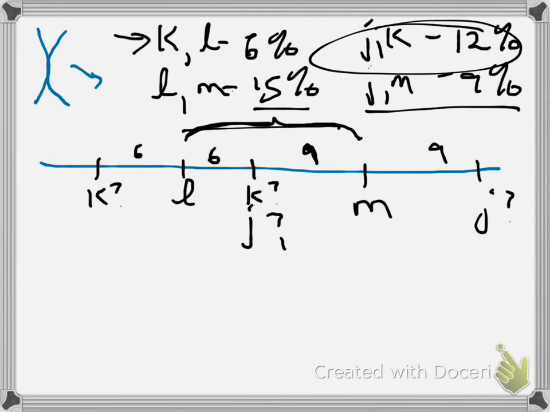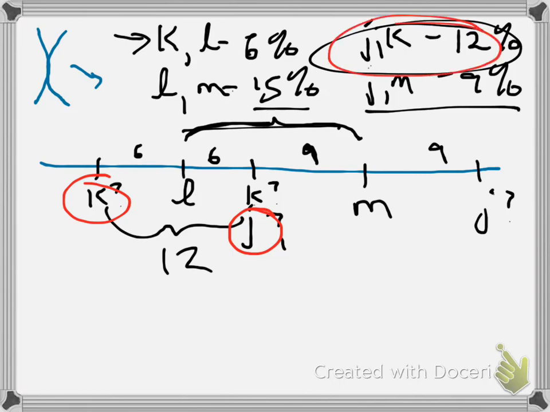So now it looks like this distance right here is 12. And so why not put J there and K there, right? Because they're 12 apart. L and K, yeah, sure enough, they're 6 apart.